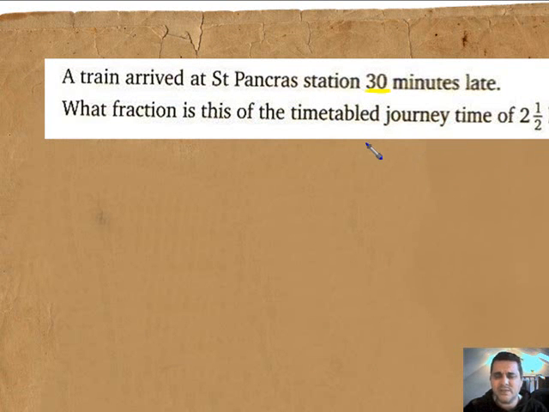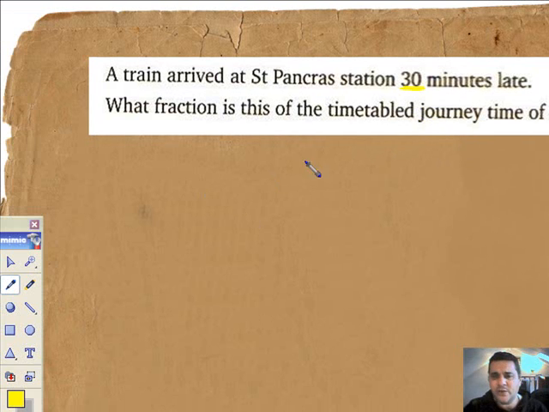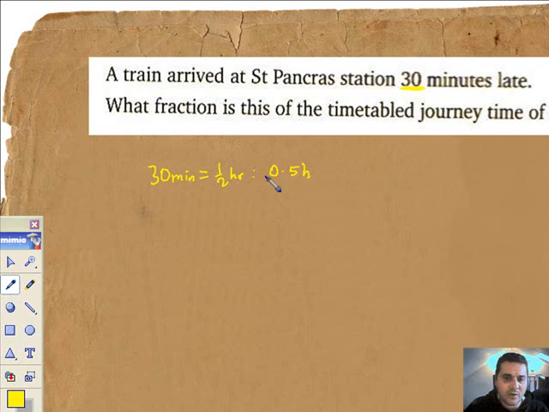Right, so in other words, it's not half the journey, it's not a quarter of the journey, it's not 3/4 of the journey, it's going to be something of the journey. Please note you've got mixed units. Two ways of doing this. You can recognise that 30 minutes equals half an hour, or if you like 0.5 of an hour.